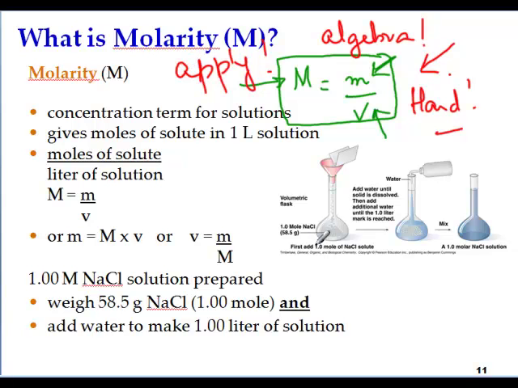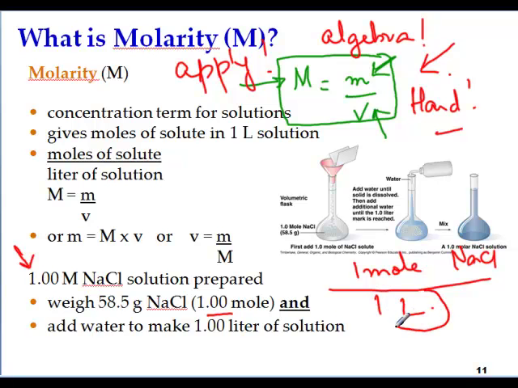So keeping that in mind, let's look at this word problem, where it says a 1 molar sodium chloride solution is prepared by taking 1 mole of sodium chloride and dissolving that in a liter of solution. Now these two units are very important to focus on. A capital M has to be using small m, which is the moles, divided by liters.